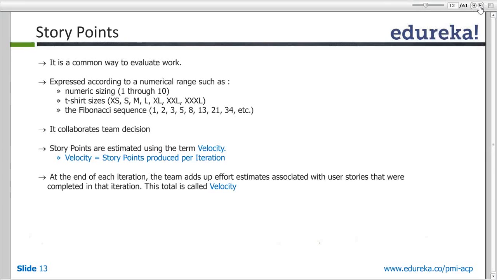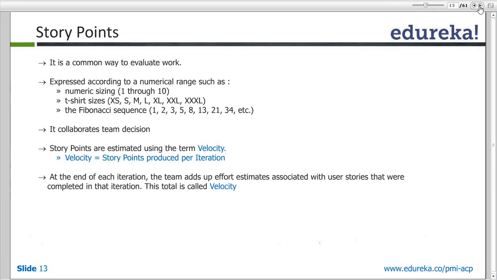Confused, clear, need more explanation? Yeah. So in Fibonacci sequence, you are taking 2, 3, 5 stories. When you say 2 as a story, it means 2 was its value out of the estimation. Yes. But it has nothing to do with the number of features or something, right? It's the complexity.